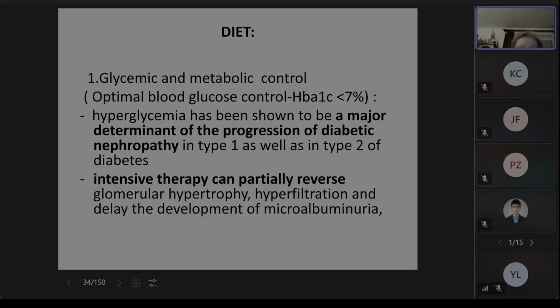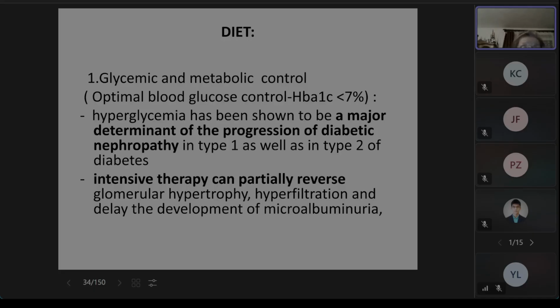We have to do everything to optimize glucose level in the blood, as well as the level of glycated hemoglobin, it should be less than 7% in type 2. In type 1, it should even be circa 6%.